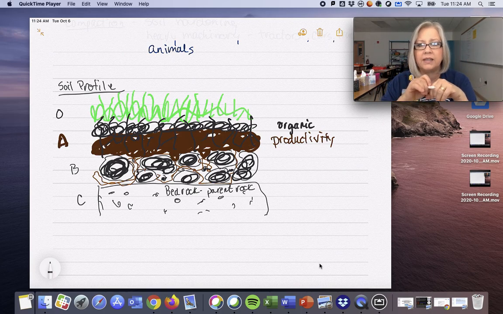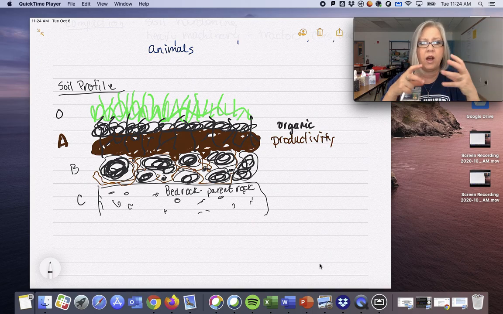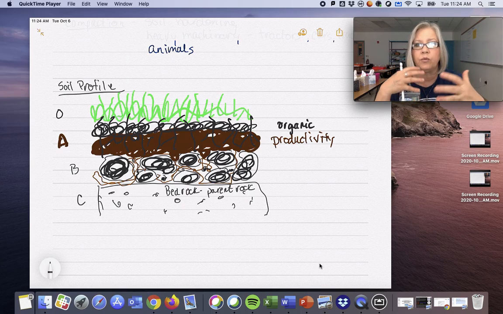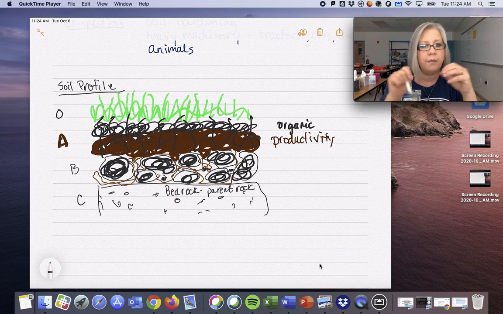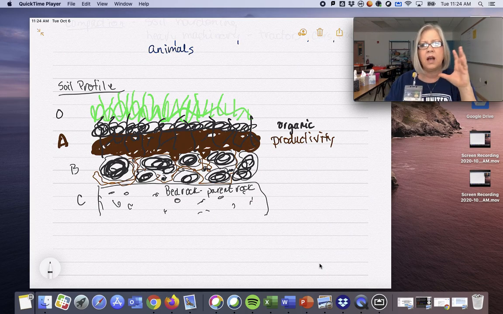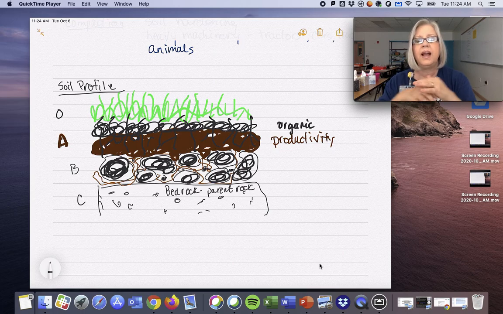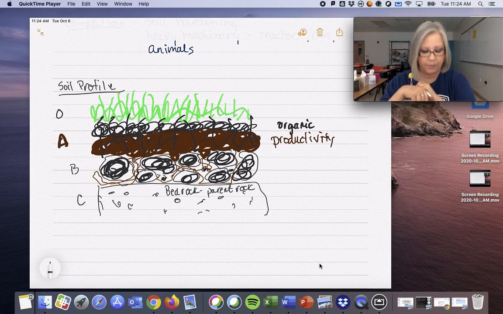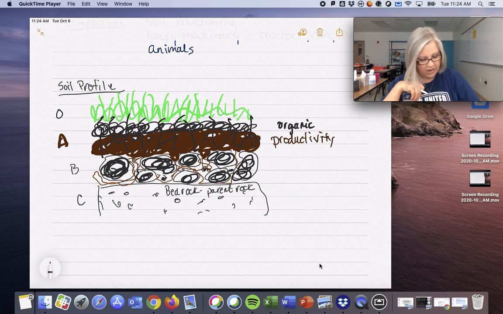Just like the plants can break the rock apart, they also can loosen up the soil in the A layer. It also adds to the richness of it. So our prairies have very thick A layers, and the reason is because those roots go way down, and they can penetrate pretty deeply into the soil, and this starts to add organics to that A layer, which then increases the productivity of that layer.